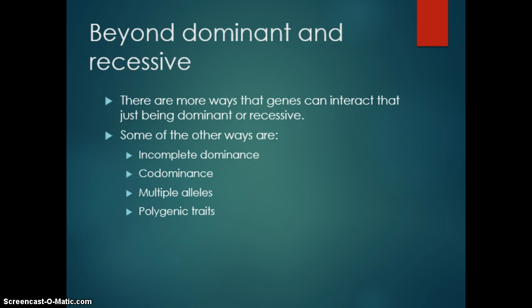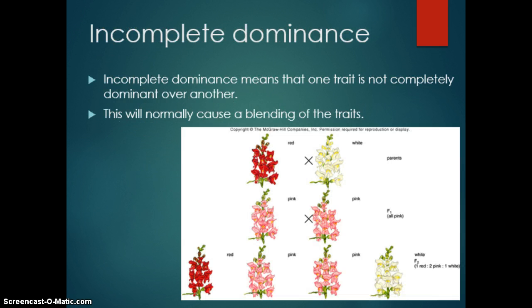However, there are more ways that genes can interact with one another than just being dominant and recessive. The ones that we are going to look at for this section include incomplete dominance, codominance, multiple alleles, and polygenic traits. So let's move on to incomplete dominance.